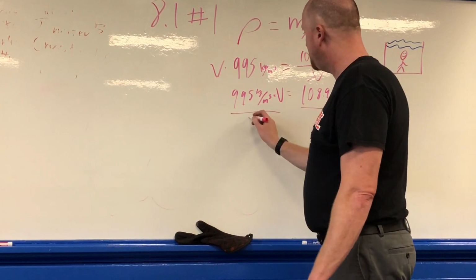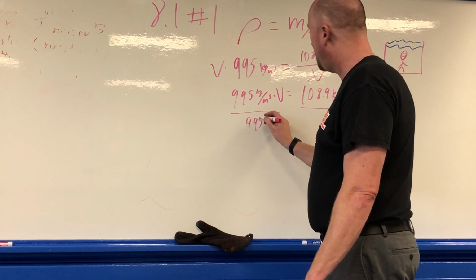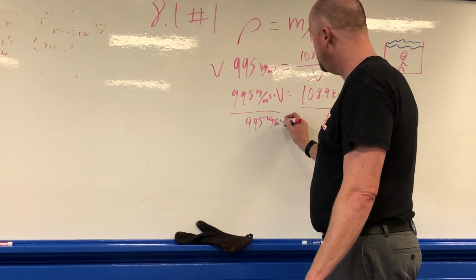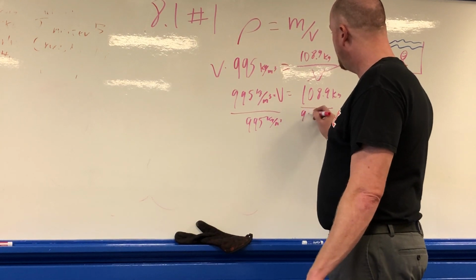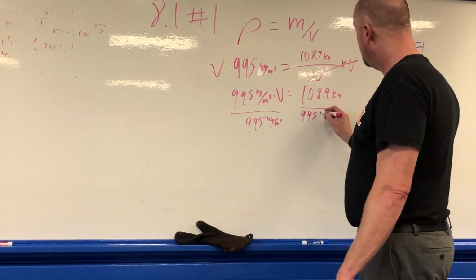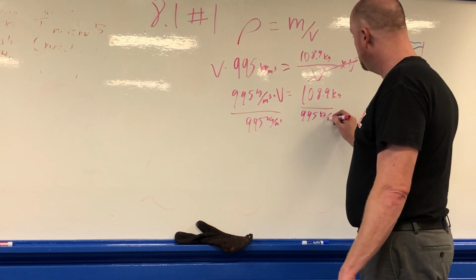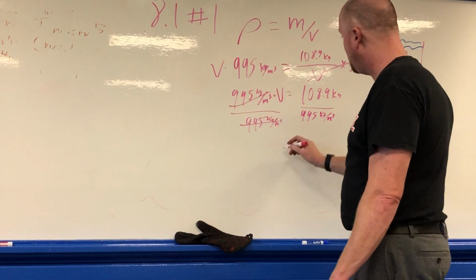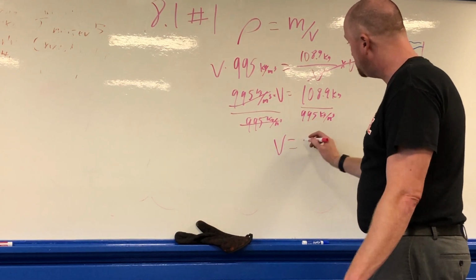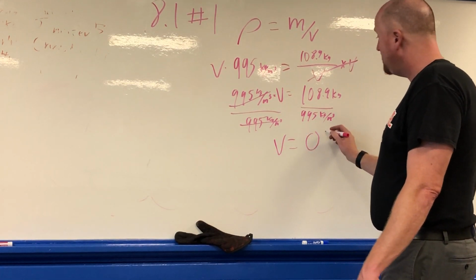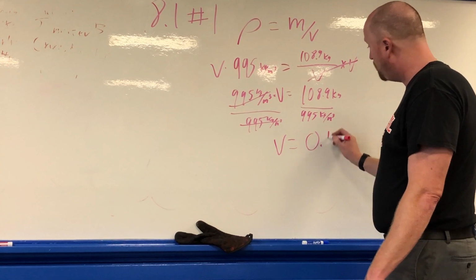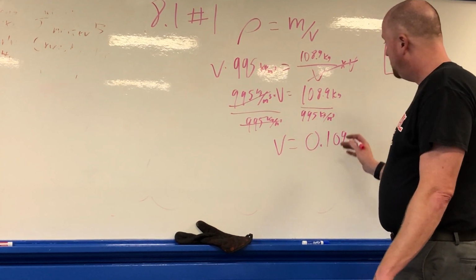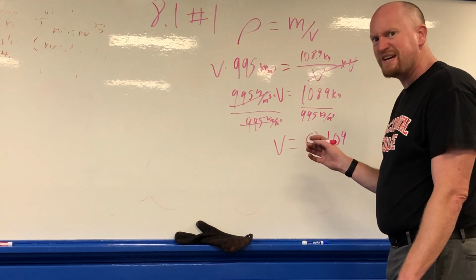Divide both sides by 995 kg per meter cubed. So that cancels, and you get that the volume is equal to, in my case, 0.109. Now that's a very small number, it's less than 1.